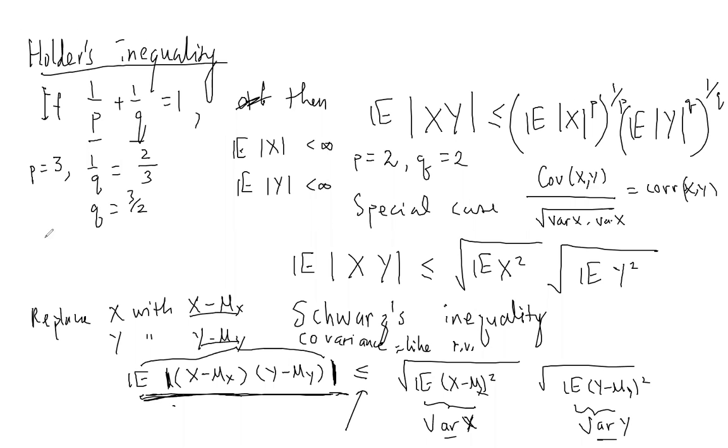So then this would give you some result like this. It will be a bit complicated. There will be absolute power of 3, that's the square root. Then E of absolute y, 3 over 2. And you have 2 over 3.